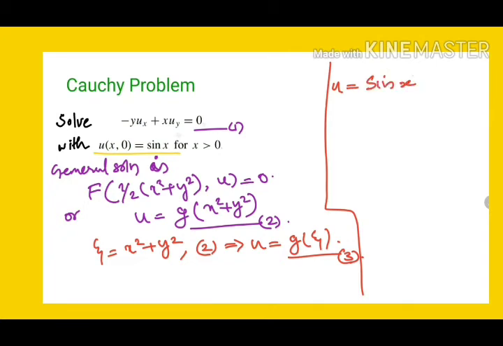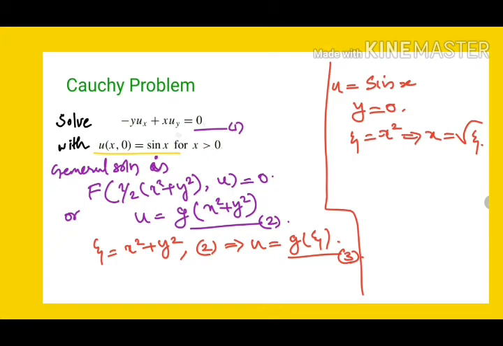Substituting this in equation number 3, theta is equal to x square plus 0, which implies x is equal to root theta.